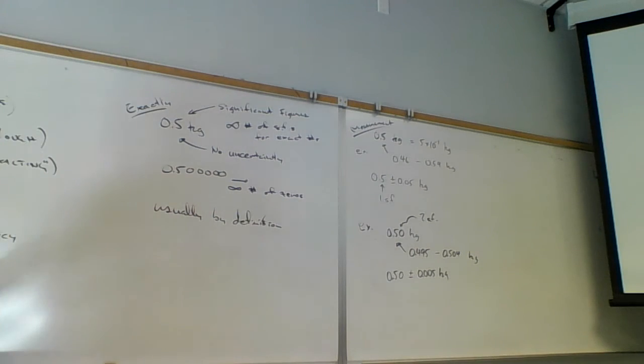So, for example, if you were to buy a kilogram of gold from me, or maybe make that a half a kilogram, you're going to buy a half a kilogram of gold from me, right?